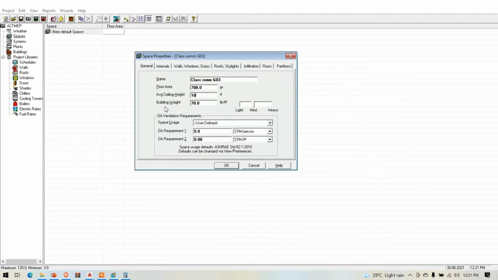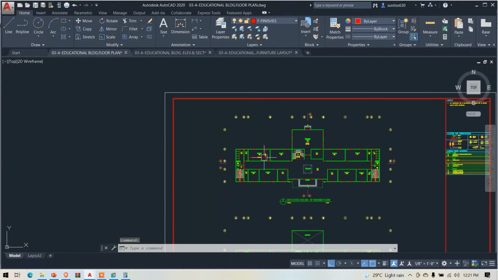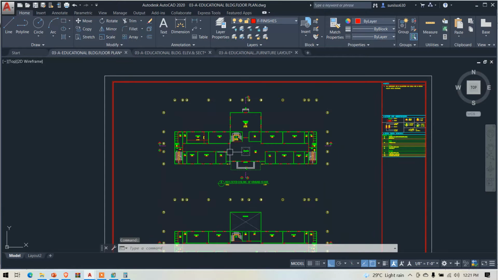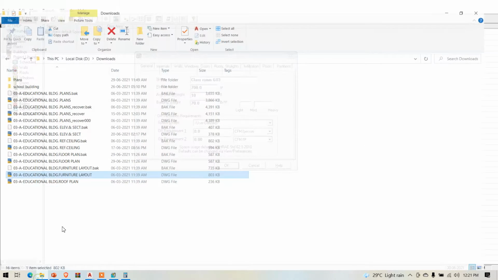And here they are asking the building weight. This building weight which we discussed, you are getting from your floor plan. Under the floor plan we have those values over here. Let me open the floor plan.